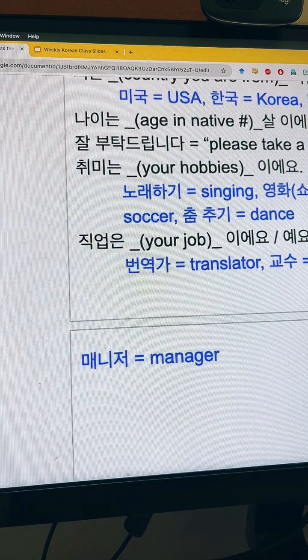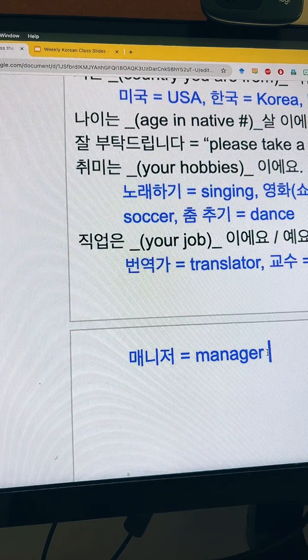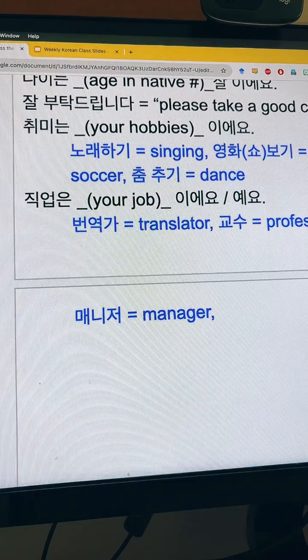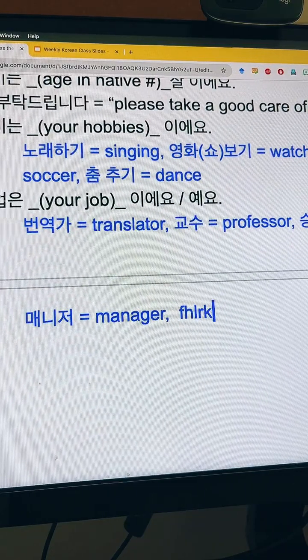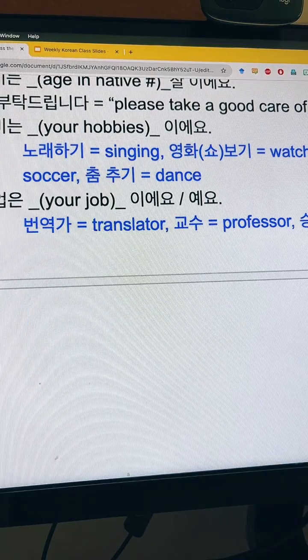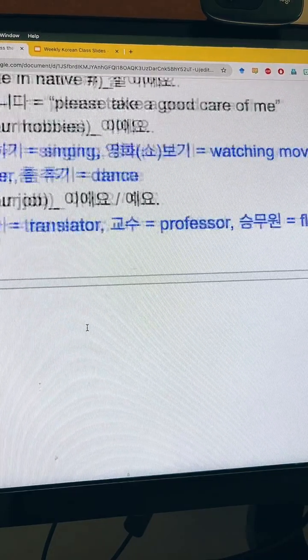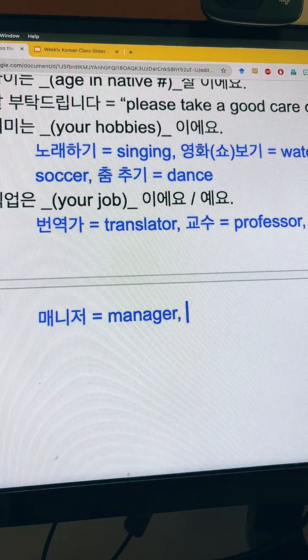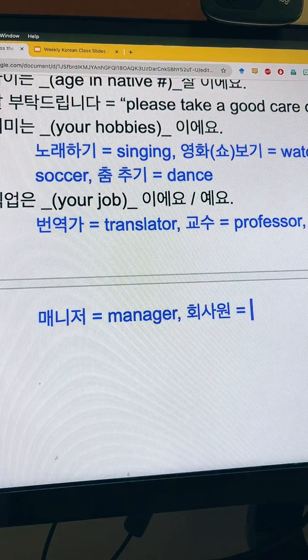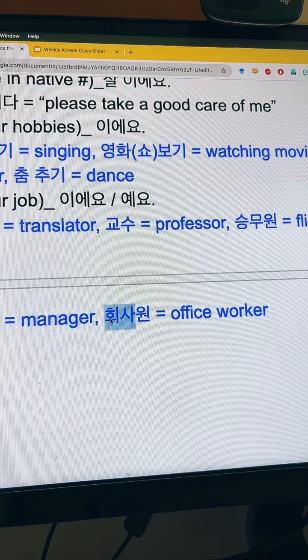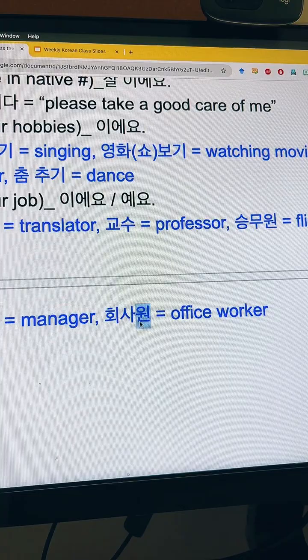But if more than like your job title, you want to say like you work in an office, if that is the point, 회사원. 회사 means office. 원 means employee. So 회사원, office worker.